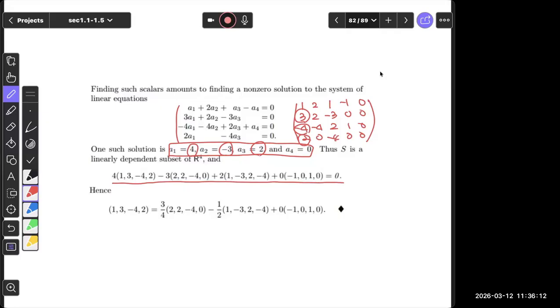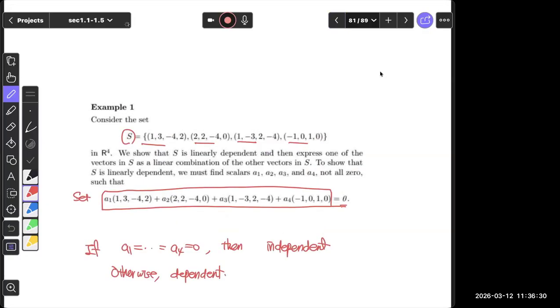And as I said, in that case, at least one vector can be written as a linear combination of the other vectors. So the set S is linearly dependent. That's how we prove that.